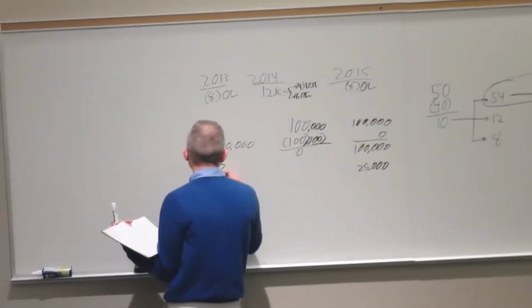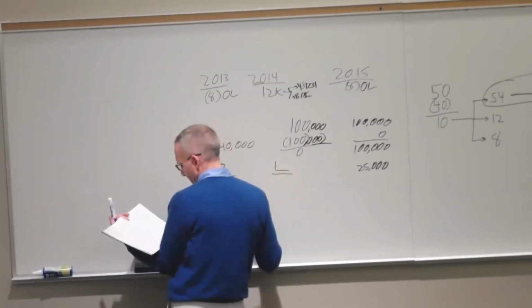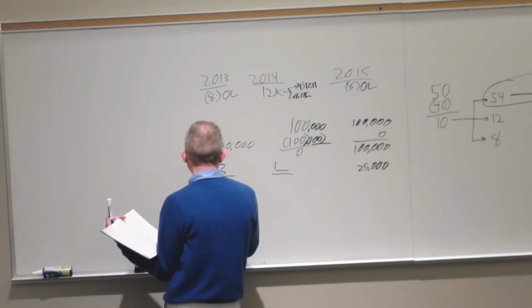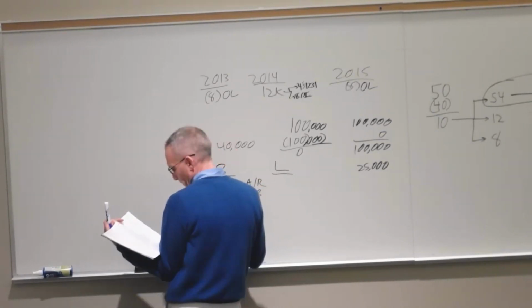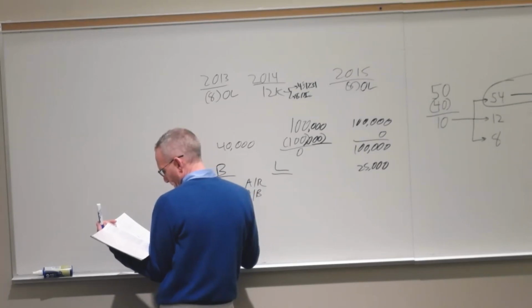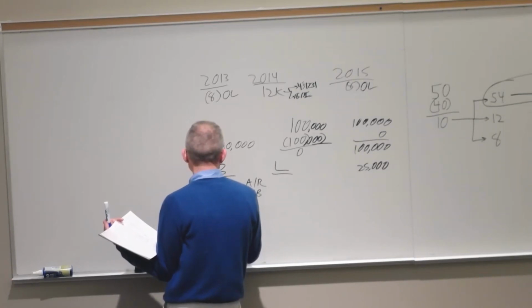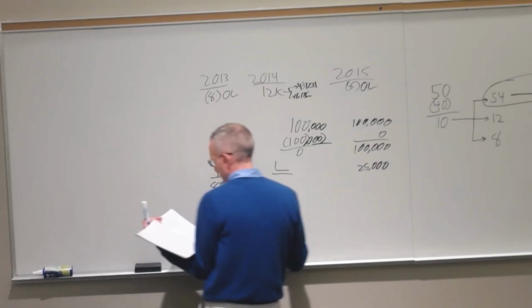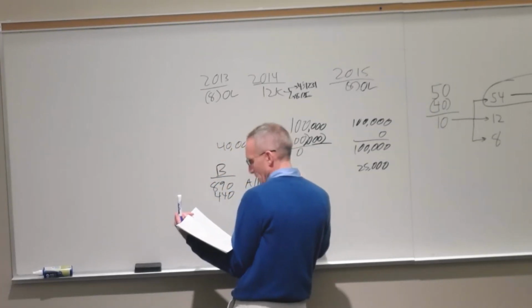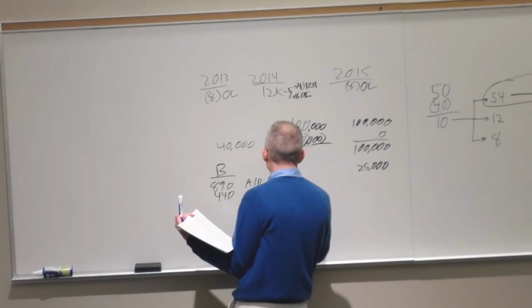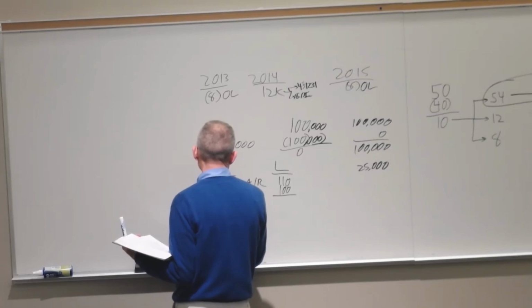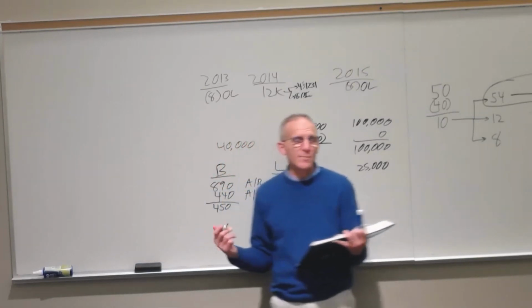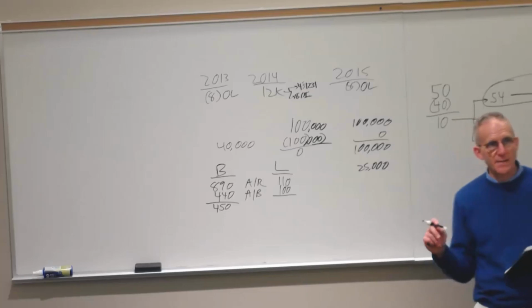Here, we have building and land. The adjusted basis here, you'll see, is $440,000. I'm telling you that because I'm not going to have you compute depreciation. That's something we're going to cover in the second part of the course.